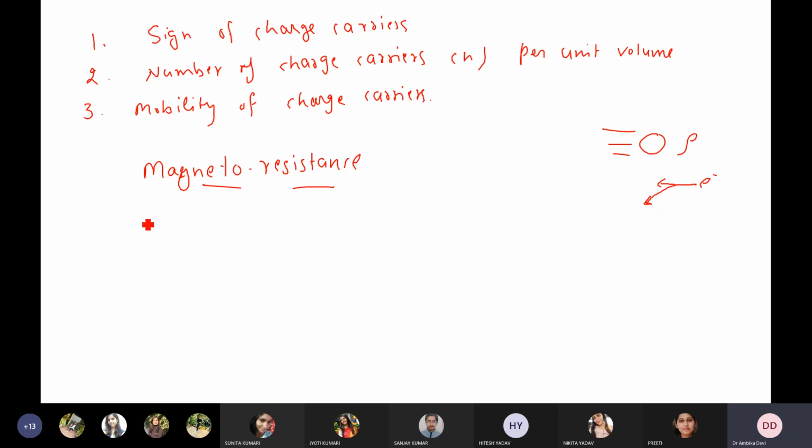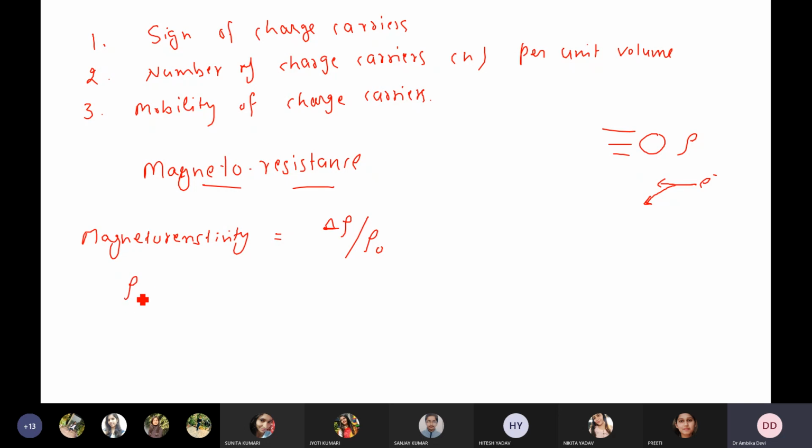So the magnetoresistivity is given by the change in the resistivity divided by the resistivity without field.